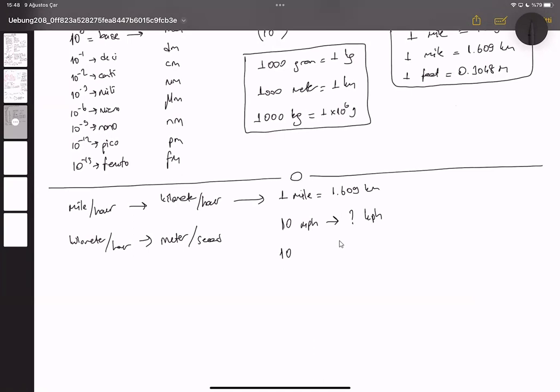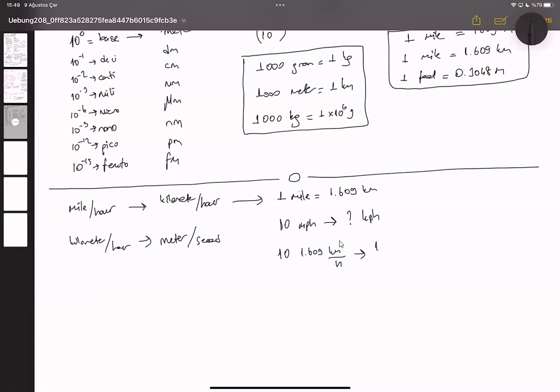But for mile, we must write 1.609 kilometers, and we can write down the hour again because we are converting hour to hour. It doesn't matter for us. So if we multiply them, 16.09 kilometer per hour equals 10 mile per hour for us.